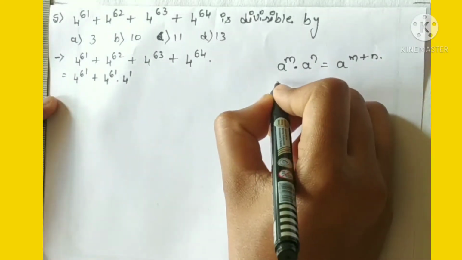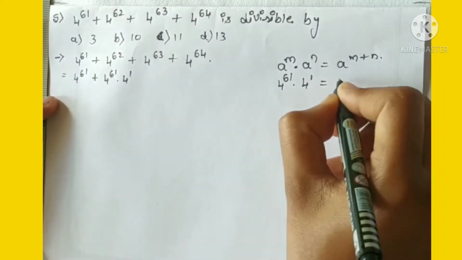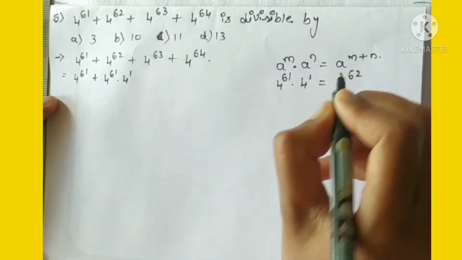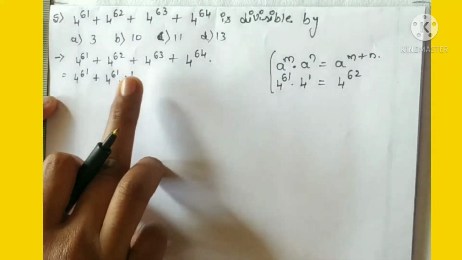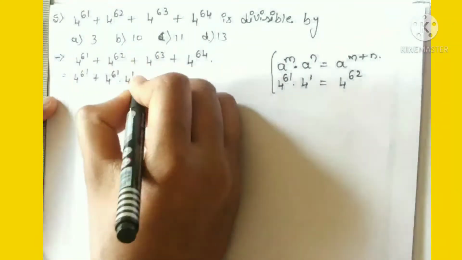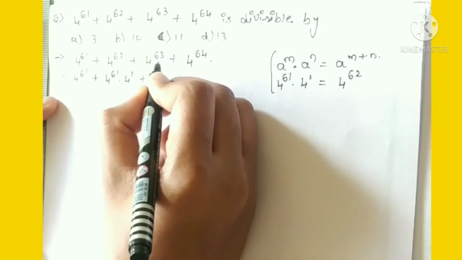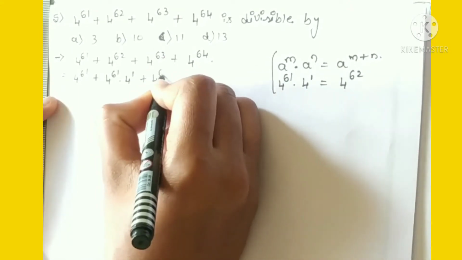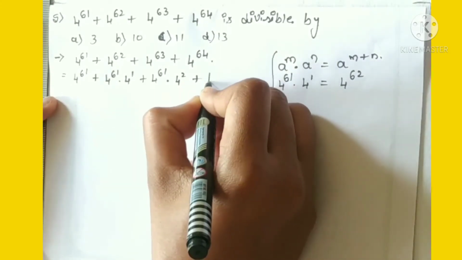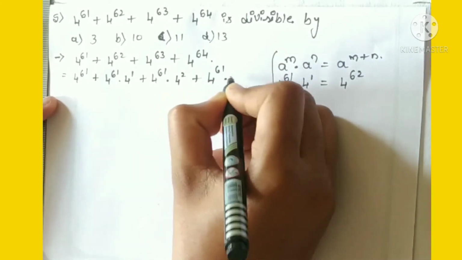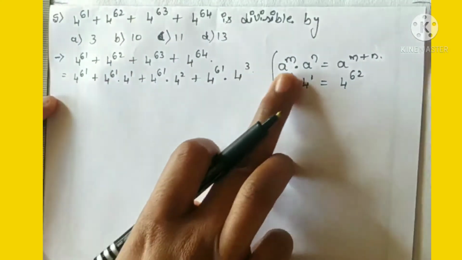Here 4 to the power of 61 into 4 to the power of 1 is equal to 4 to the power of 62. Here I just apply this rule. Similarly, we have to apply this rule for 4 to the power of 63 and 4 to the power of 64, which can be written as 4 to the power of 61 into 4 to the power of 2 plus 4 to the power of 61 into 4 to the power of 3.